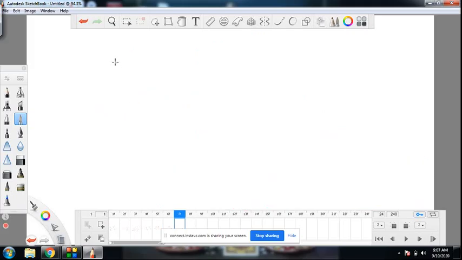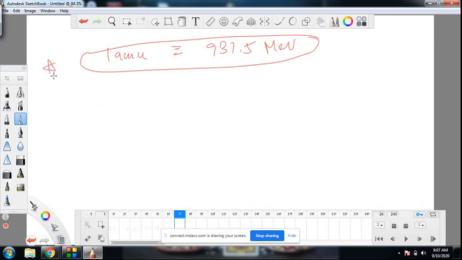So I can write 1 AMU is equal to 931.5 MeV. Very important relation. This is a very important conversion factor. So I am saying an equivalence between mass and energy. One atomic mass unit is equal to 931.5 million electron volt.